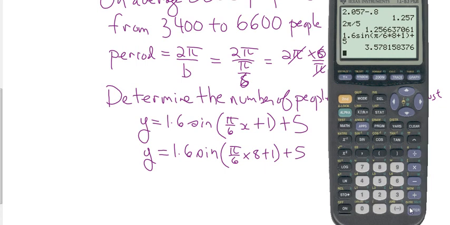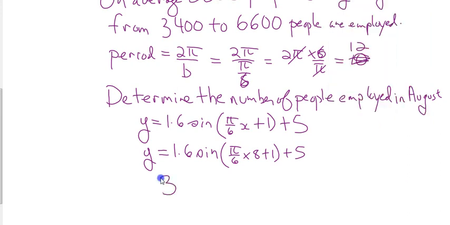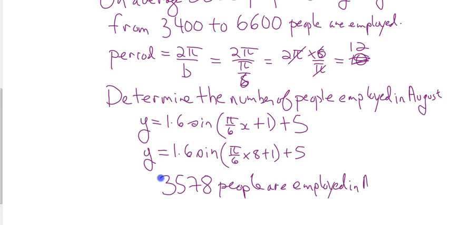So what are we going to say? So 3,578 people are employed in August. So things are starting to go downhill in August.